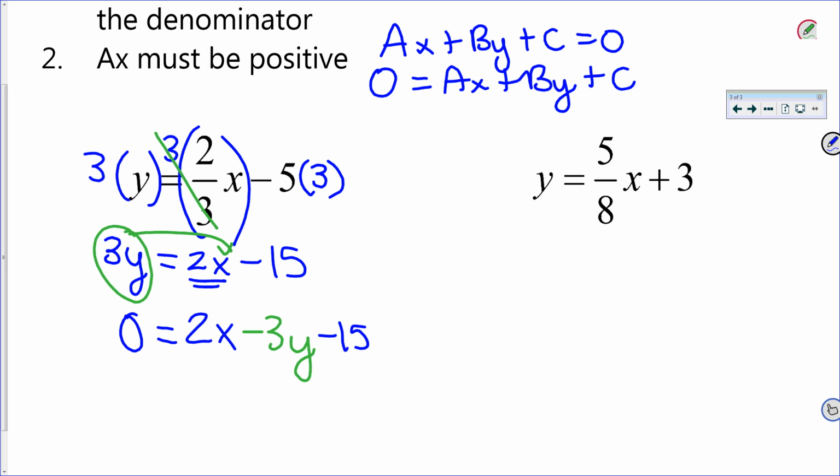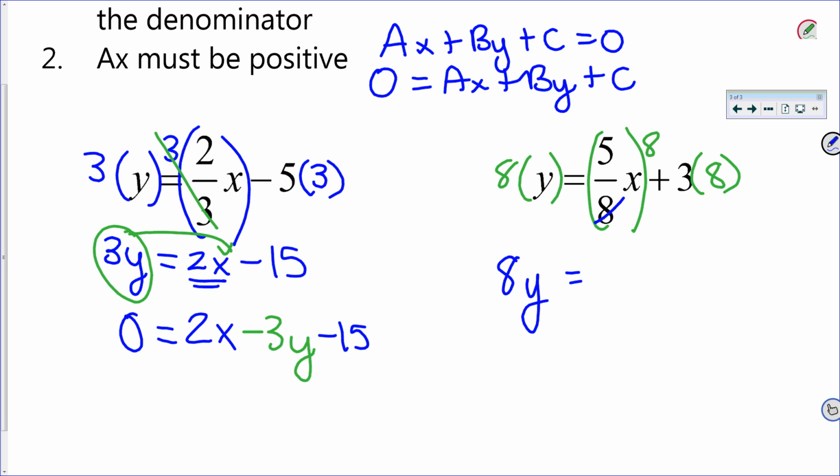If I want to get this in standard form, step number 1 says multiply everything by 8, which is the denominator. I'm going to simplify this. So 8 times y gives me 8y is equal to, these 8's cancel out, so I can just look what's left. 5x plus 24.